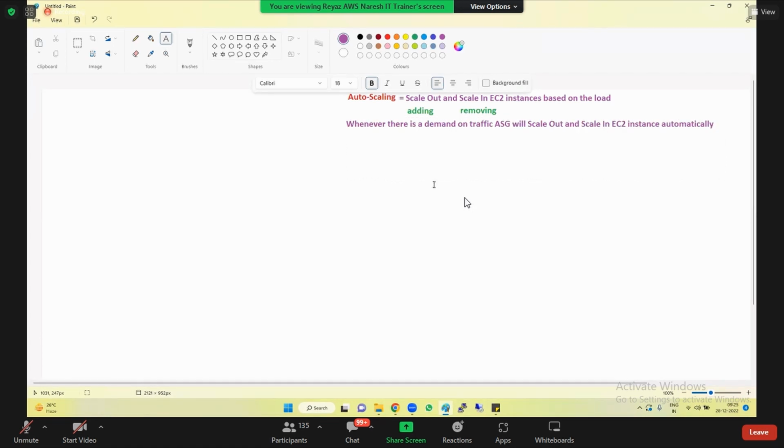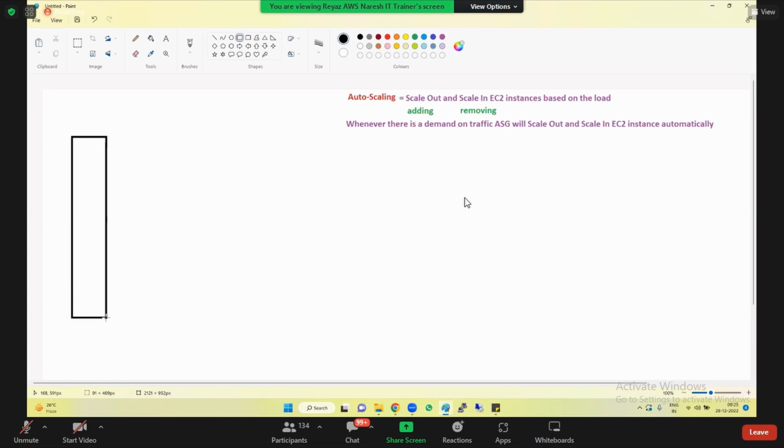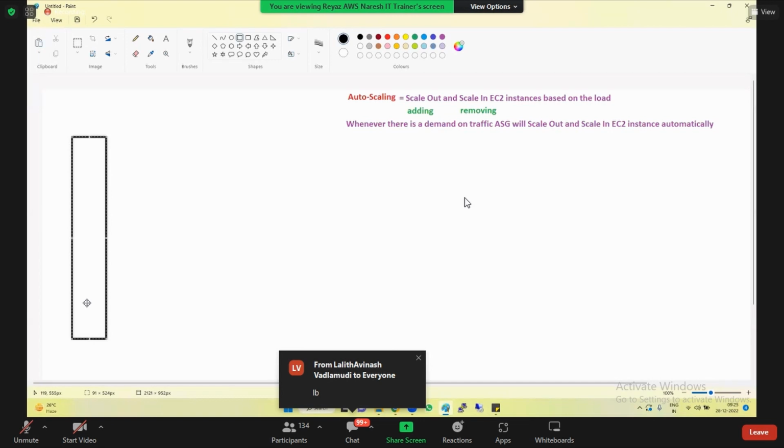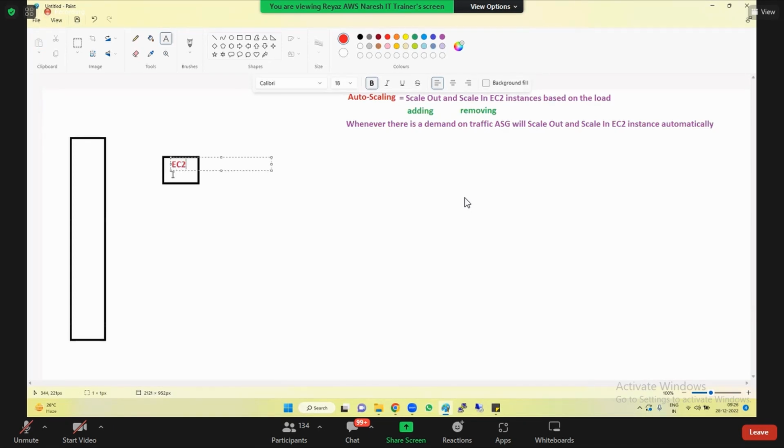Right. So let me draw the diagram for that. Obviously, we have the load balancer. And then we have the EC2 instances. Guys, we have EC2 instances. Inside that we should have an application also, no? Right, guys? We should also have the application inside it.